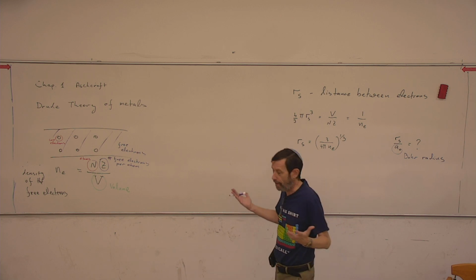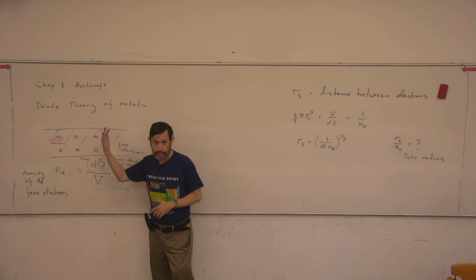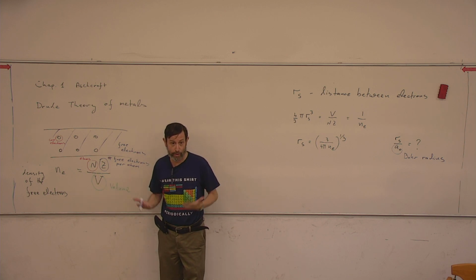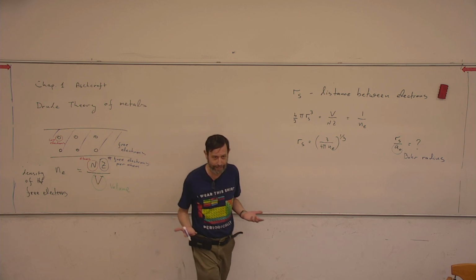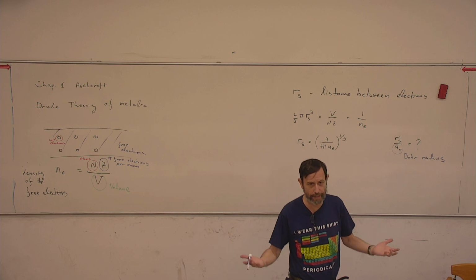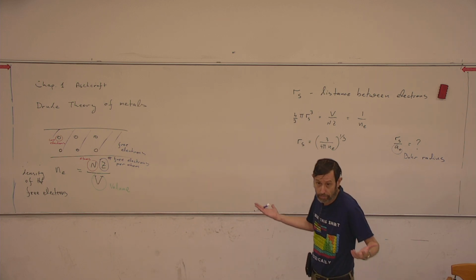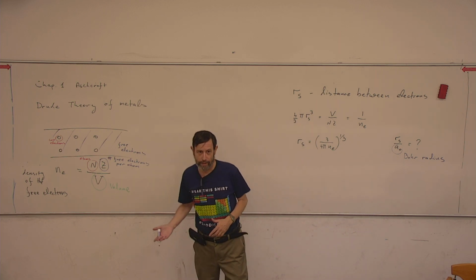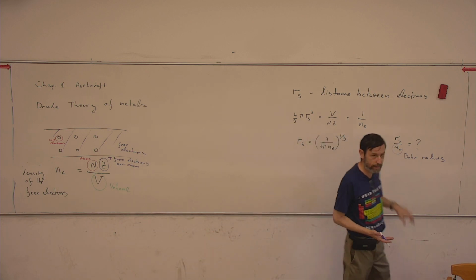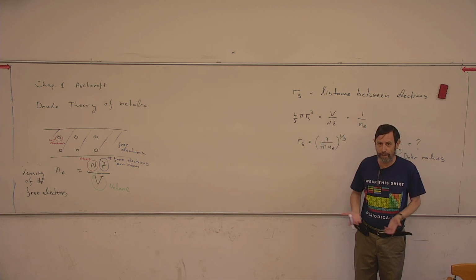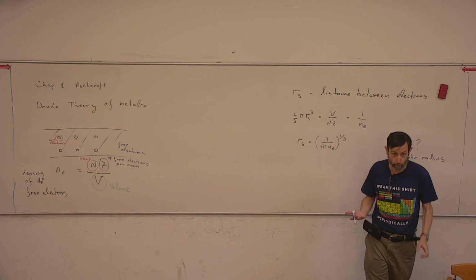Because unless I have an electric field, there's no way I can separate between free and bound electrons or core electrons. So this is not a nice definition, but at the moment I have no way to probe it.